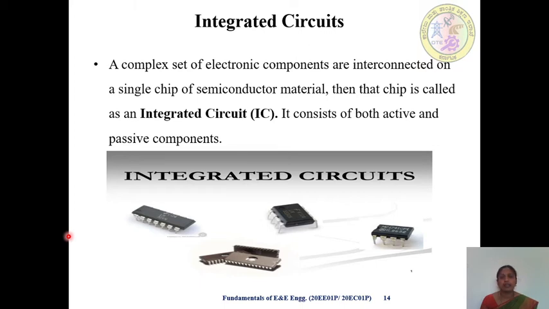Then that chip is called an integrated circuit. It consists of both active and passive components. This figure shows the integrated circuit, how ICs look. This is the picture of ICs.